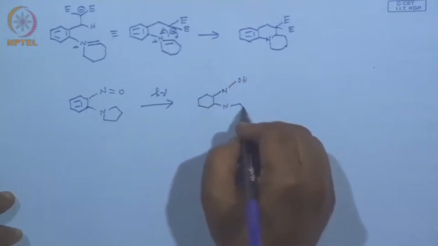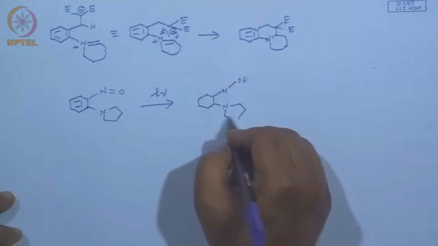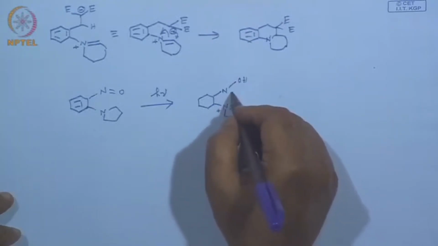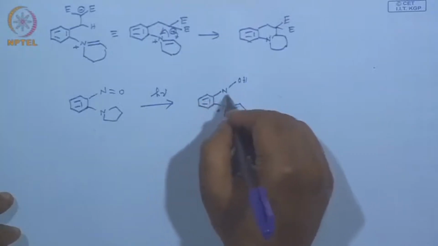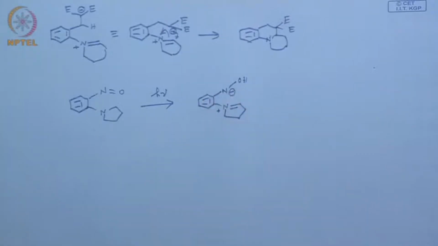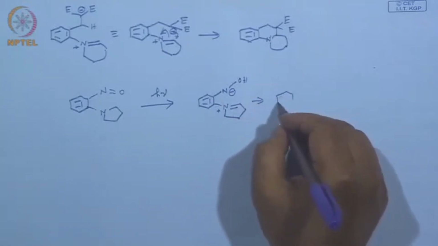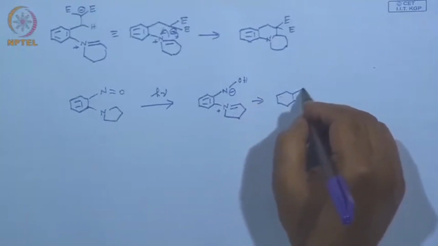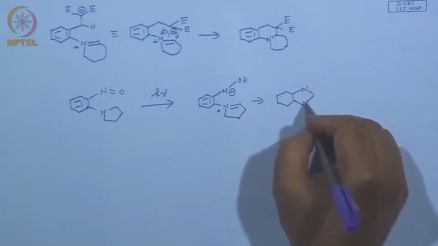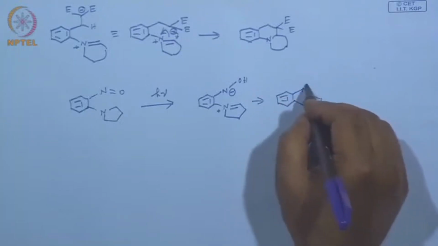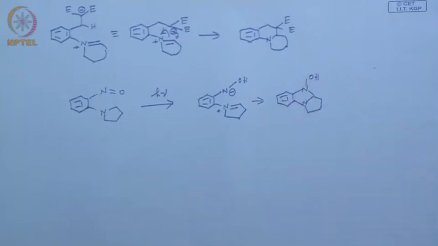Then the iminium ion is formed, and the nitrogen now has a negative charge. So, the result is somewhat different. It is an imidazole derivative, an N-hydroxy imidazole derivative.